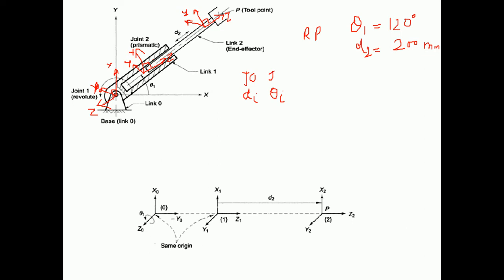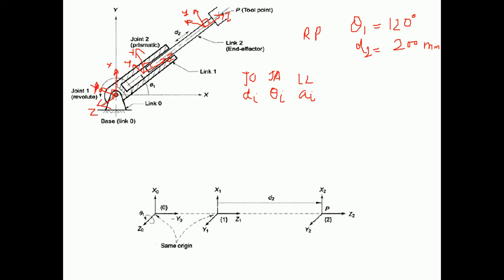The next thing we have to perform is to track a path along the common normal, in the x direction, so that the intermediate frame reaches the next frame, which is represented by ai, and this is called the link length.